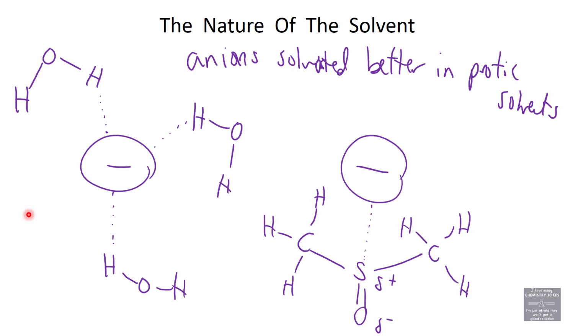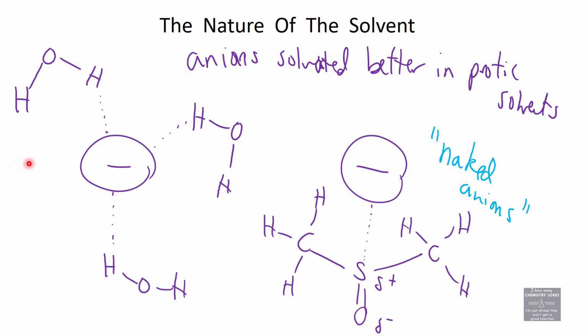So really what I'm explaining so far is anions are considered naked in aprotic solvents. That's the reason why SN2 reactions are faster in aprotic solvents, because SN2 generally uses anions as nucleophiles.